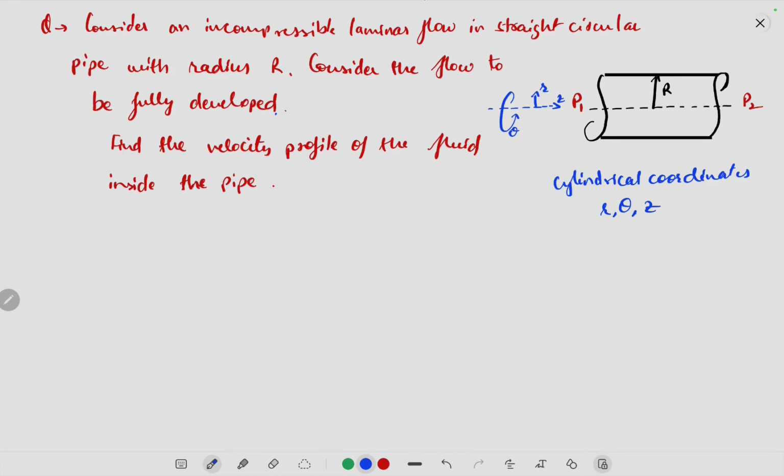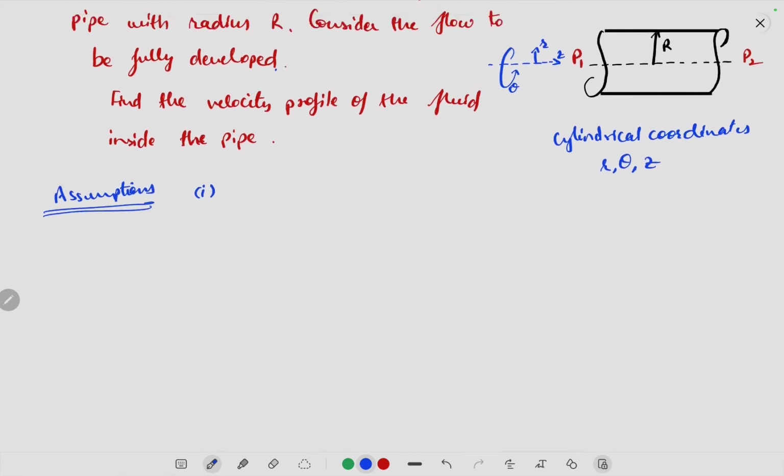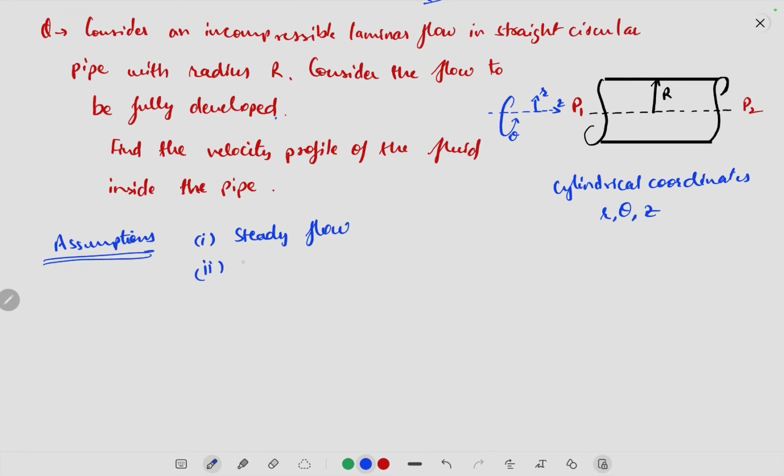Okay, so let's start with the assumptions. So the first assumption is, since the pressure P1 and P2 are not time dependent, my flow should be steady. Okay, second is, it's already given that it's a fully developed flow.